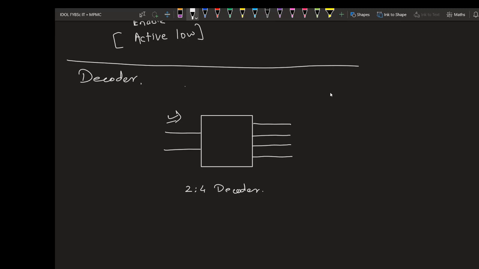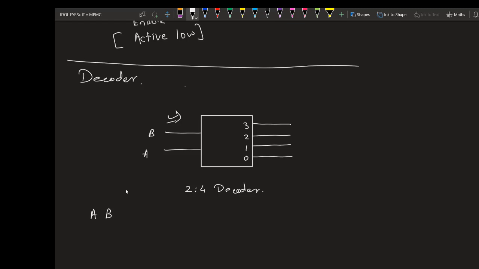Okay, it simply means, let's give the labeling and try to understand what it means. I'm going to label the outputs 0, 1, 2, 3. Now since this is the input, there are two inputs, A and B, and logically these two inputs can have 4 possible combinations.